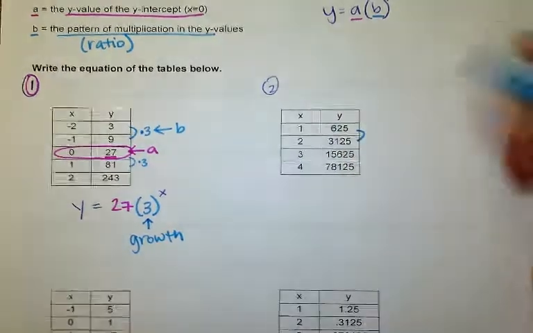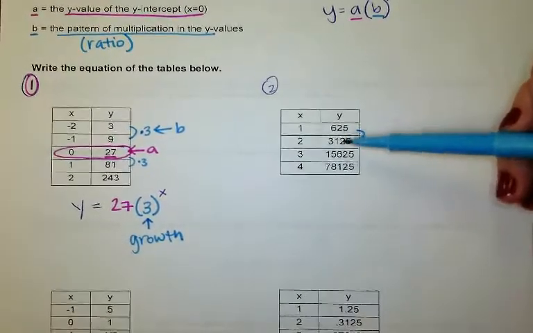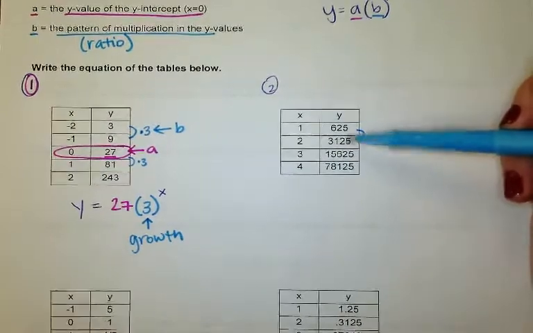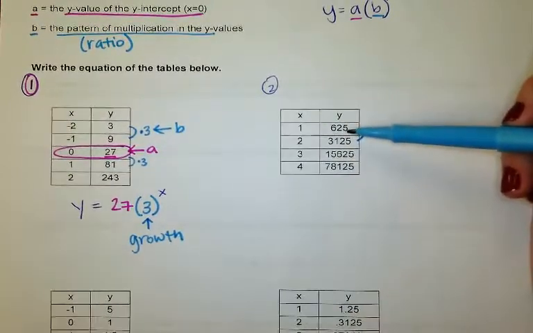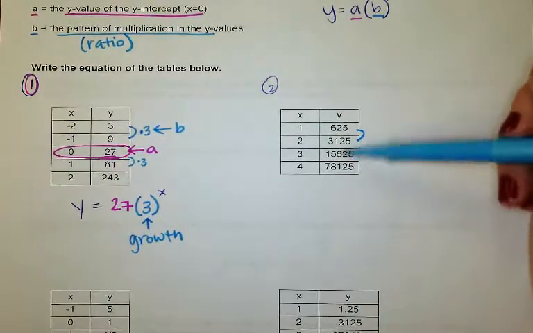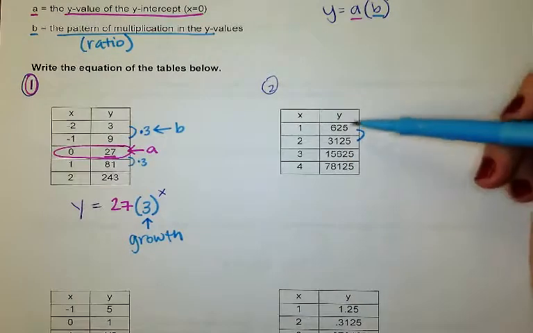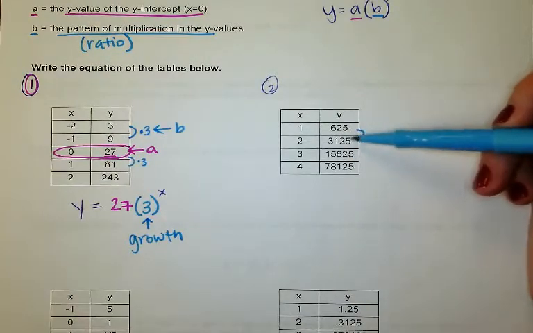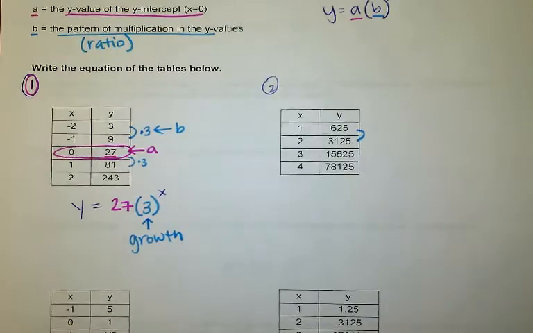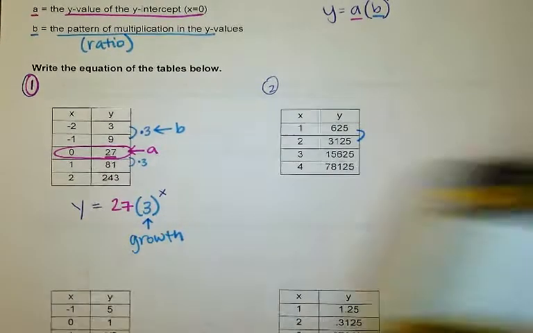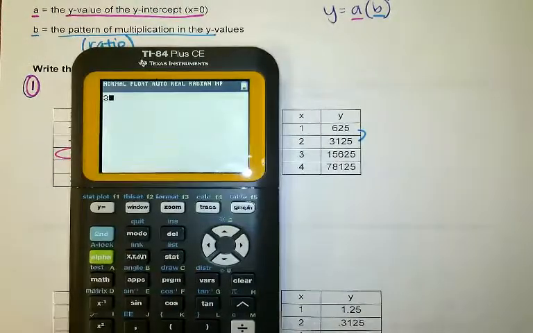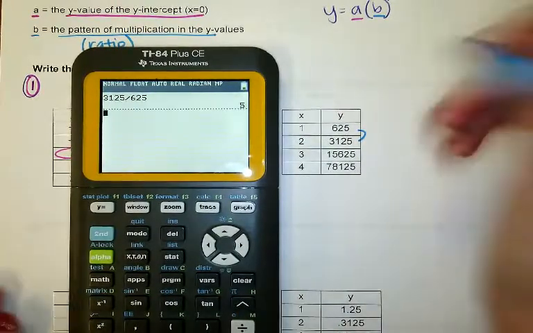So what I want you guys to recognize is since we don't know our y-intercept, what is my growth factor? Well, I kind of gave it away. It is growing, right? Because the numbers are getting bigger. So what are we growing by to get from 625 to 3,125? You did 3,125 divided by 625, and we get 5.